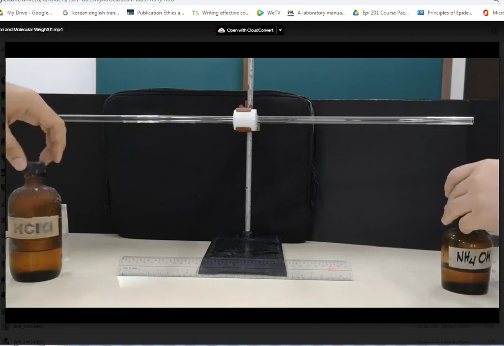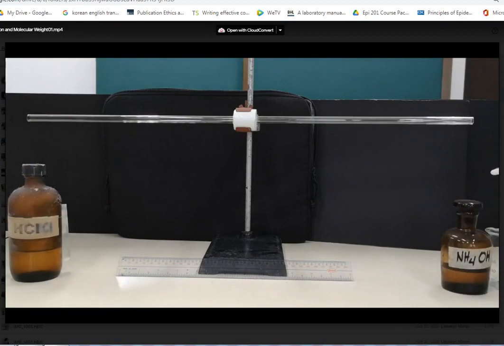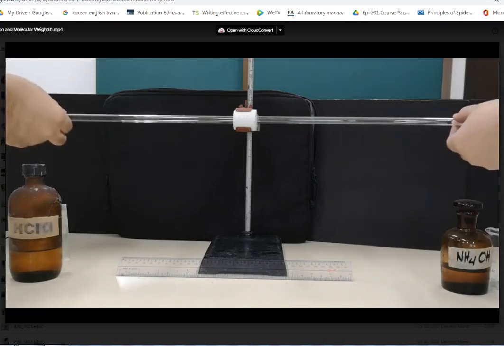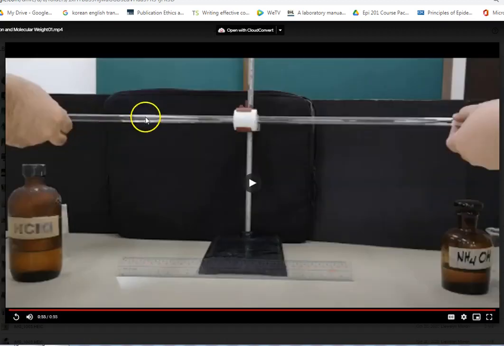Now we're going to plug it in simultaneously so that the molecules of each reagent will start to diffuse simultaneously towards each other. Hydrochloric acid will be diffusing from this end towards the middle, and the ammonium hydroxide will be diffusing from this end towards the middle.